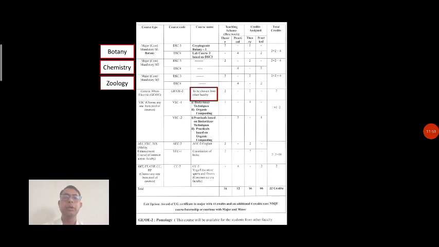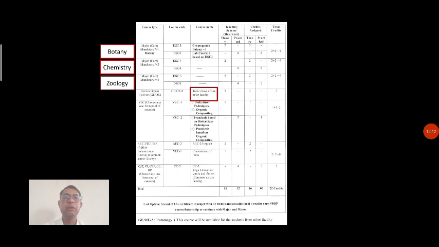They have practicals and theory for botany, chemistry and zoology. Along with that, there is another subject, the GE or OE subject. That subject is to be chosen from the given list.